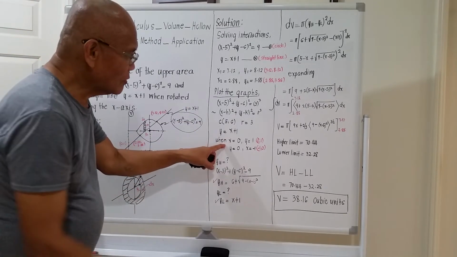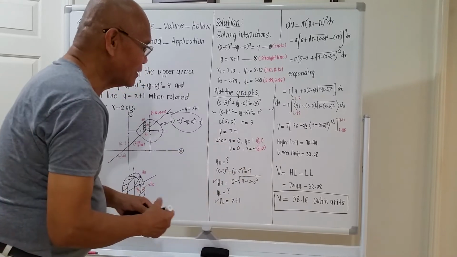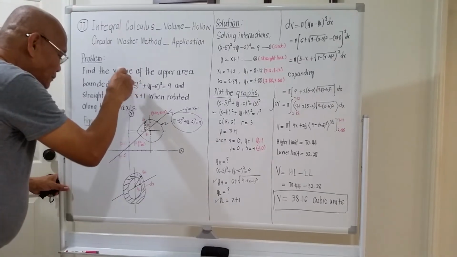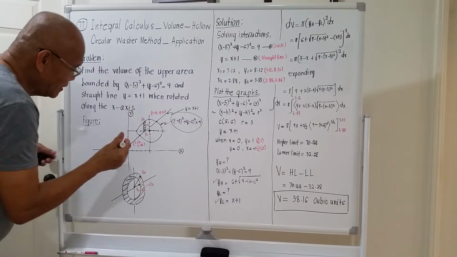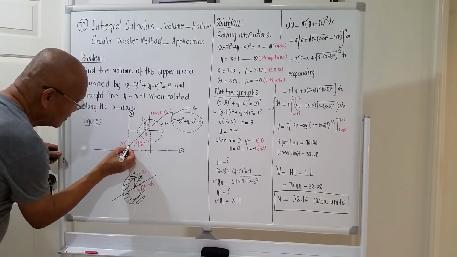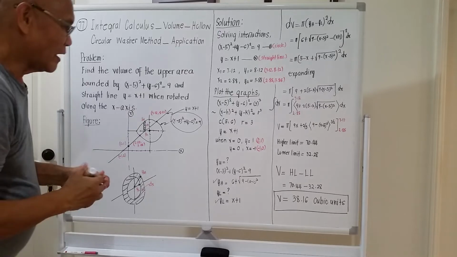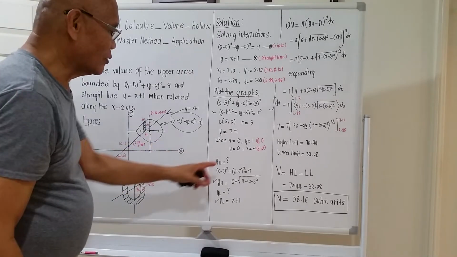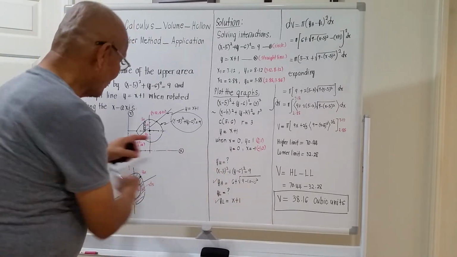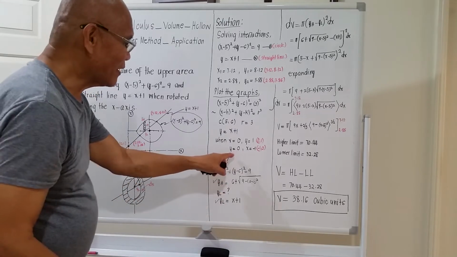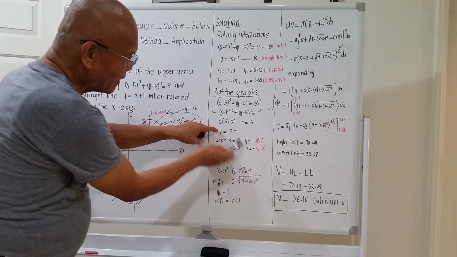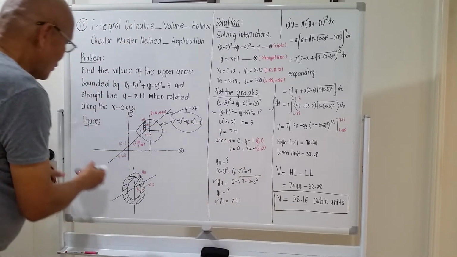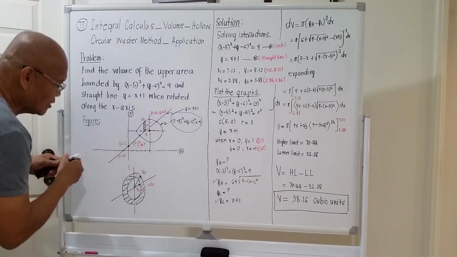When x is 0, y is 1, so the straight line passes here. When we reverse this equation, when y is 0, x is equal to minus 1.